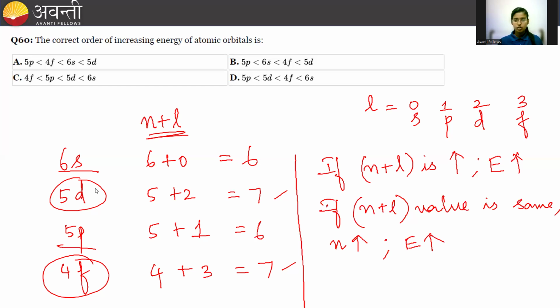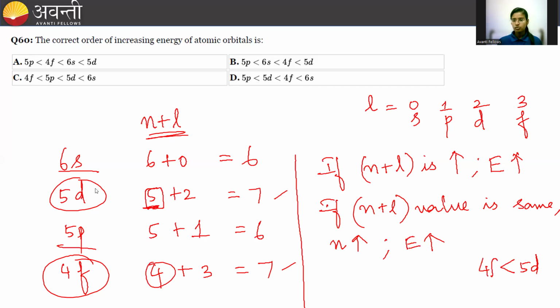The one with the highest n value will be higher in energy. Now, if I compare 5d and 4f, 5 is greater than 4, right? So obviously the 5d orbital will be higher in energy compared to the others.